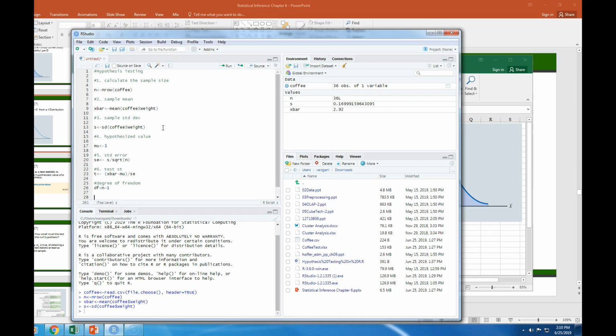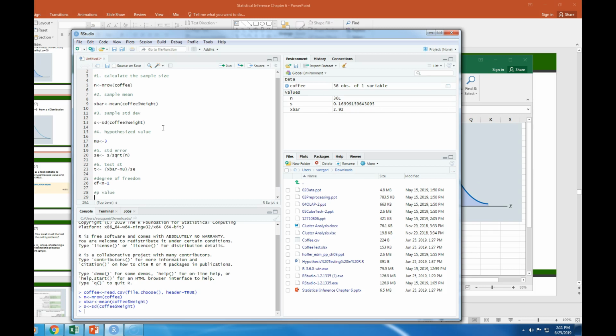And finally, now I have all the numbers to calculate my p-value. So let's call this p-val, and again, we can use the R functions, which are the equivalent of t.dist, and in this case it's pt because we're using a student t-distribution.